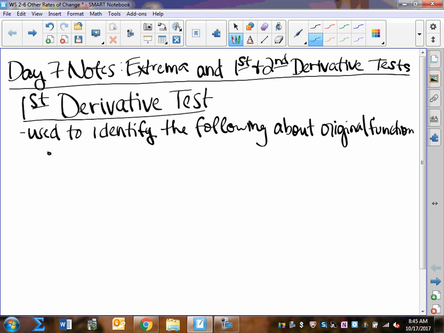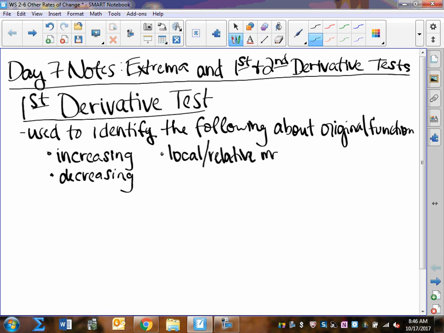Using my first derivative, I can know when my original function is increasing. I can also know when my original function is decreasing. We'll talk about intervals of when it's increasing and when it's decreasing. It also lets us identify our local or relative maximums and local or relative minimums.